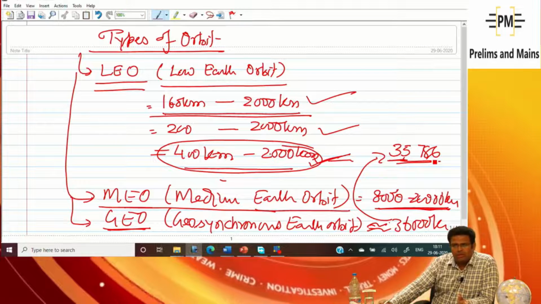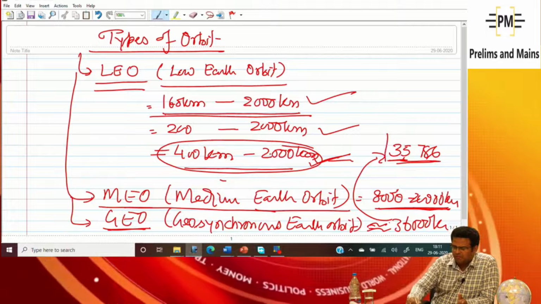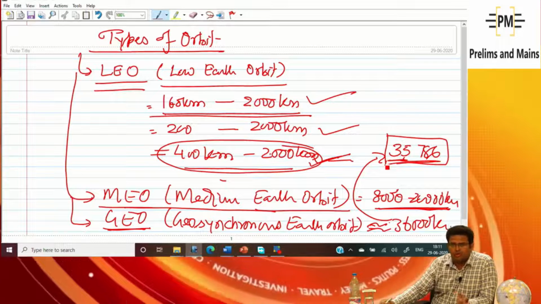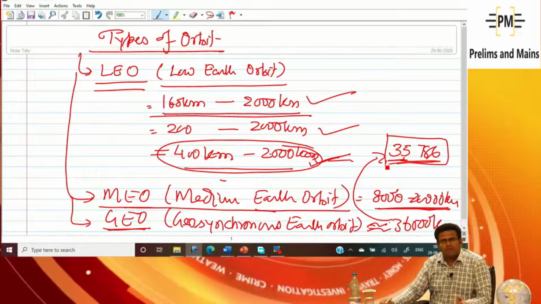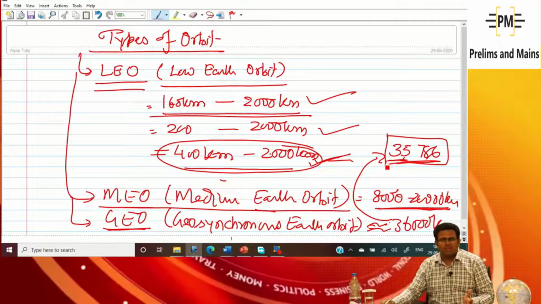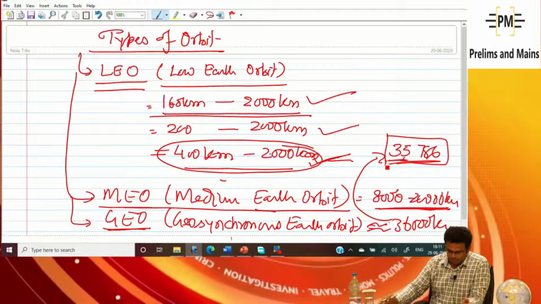So in your mains you can write like this, but for prelims the exact figure 35,786 kilometer is correct. Understood? In mains, just write 36K. It will never be wrong.